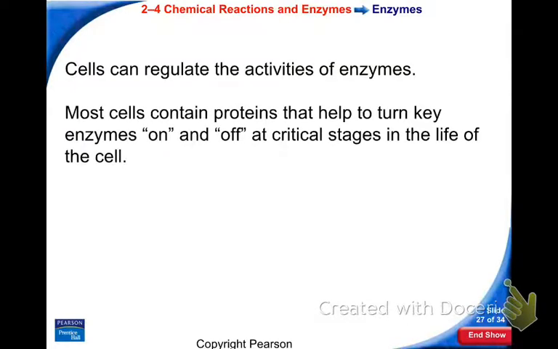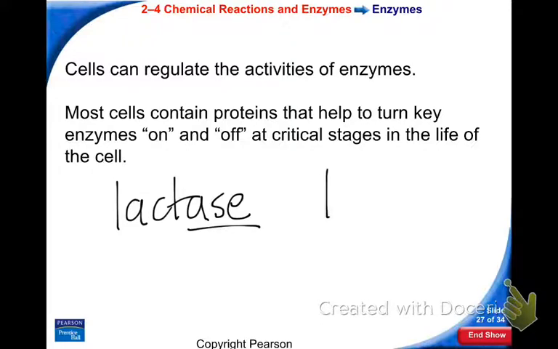So cells regulate the activities of enzymes. They can turn them on and turn them off. So if it's an enzyme like lactase, we know it's an enzyme because it ends in -ase. Lactase breaks down lactose, which is the sugar that's found in milk.